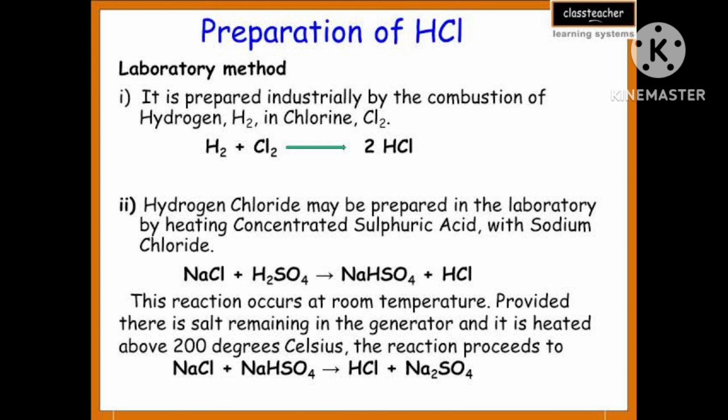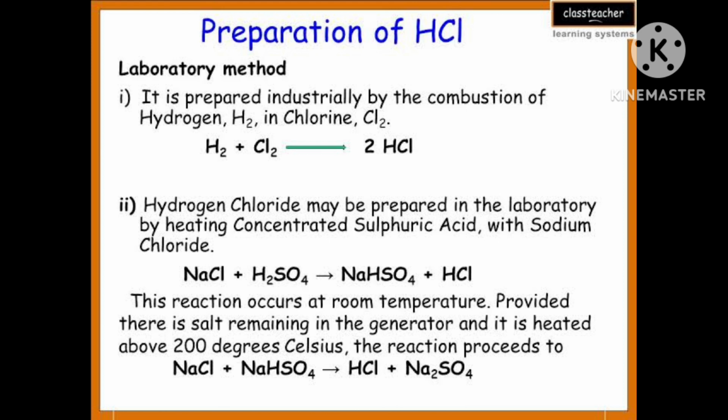This means the dissociation constant is very high, so it dissociates and ionizes fast. HCl plus H2O forms H3O+, the hydronium ion, plus Cl minus, the chloride ion.